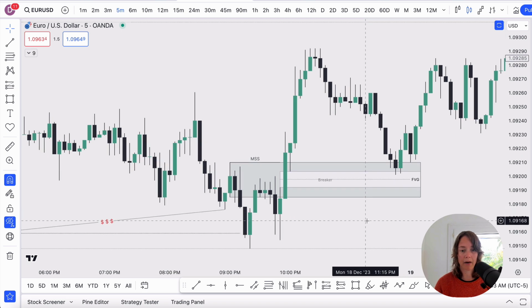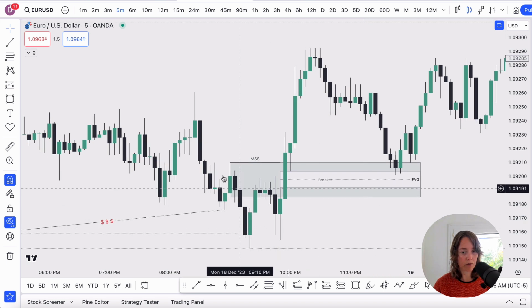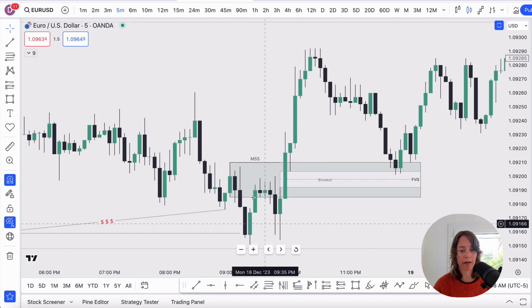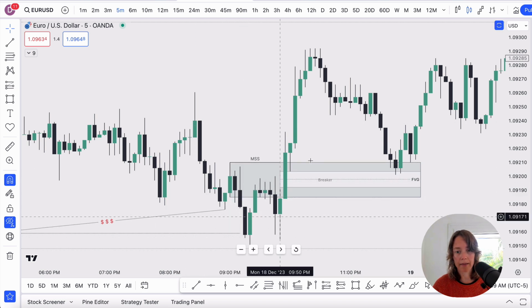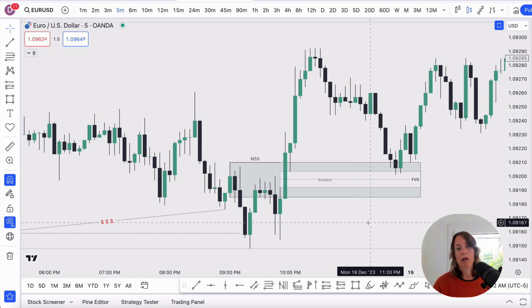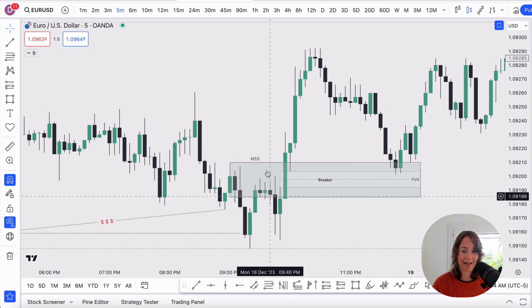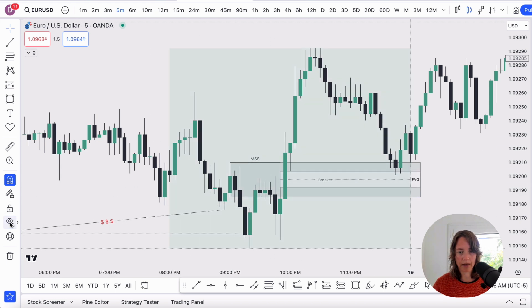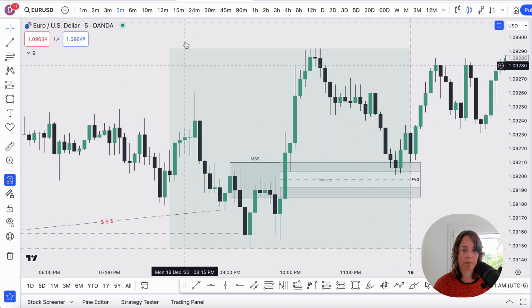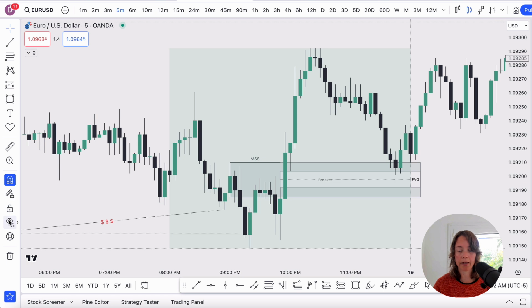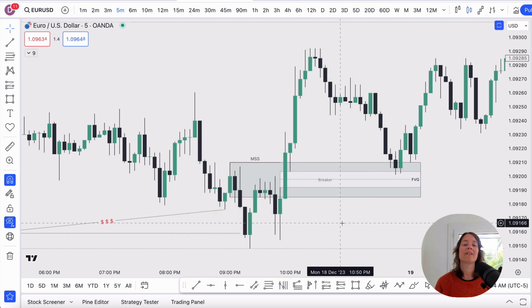But if your bias is correct, and you know this is some sort of power of 3, so a manipulation lower and then taking it up higher. And of course, it needs to be in a kill zone. Let me see if that was the case here. Oh, it was Asia. I don't trade Asia actually. However, this green box for me is the Asia kill zone. So time and price need to really align.